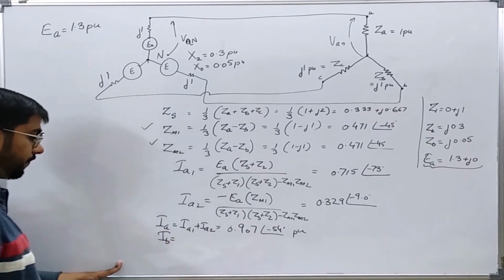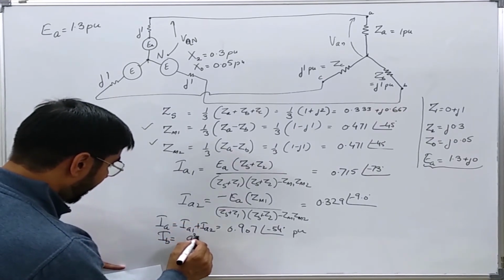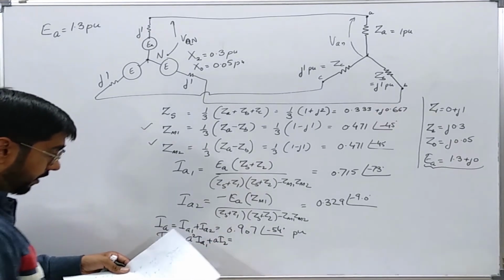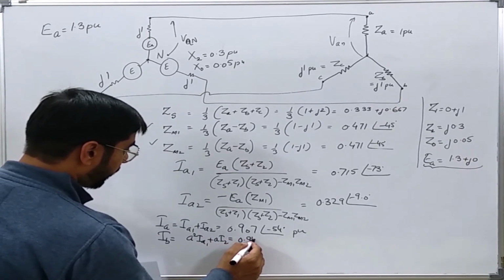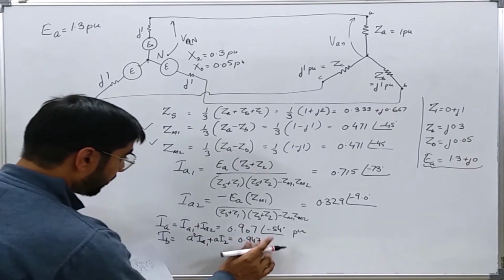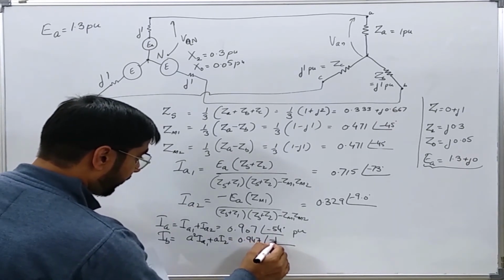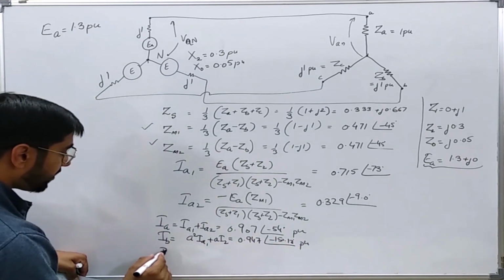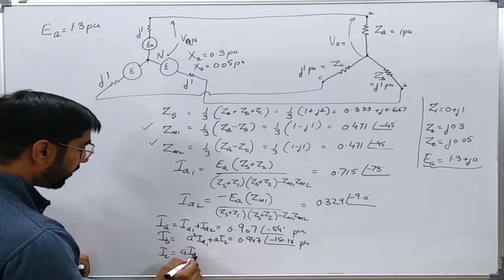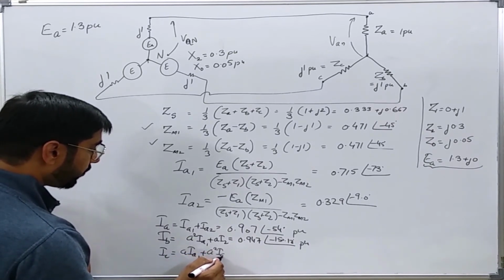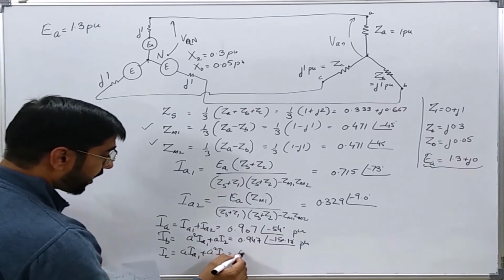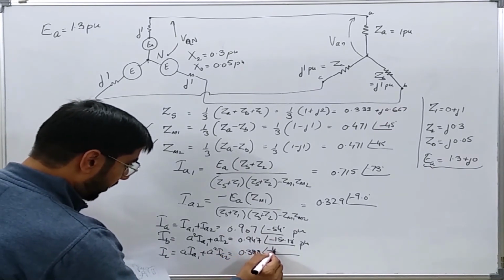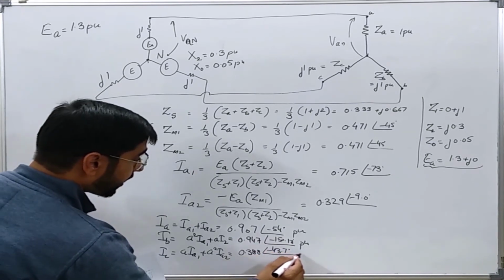IB equals a squared IA1 plus a IA2, and it is equal to 0.947 angle minus 150.13 degrees per unit. Similarly, IC equals a IA1 plus a squared IA2, and it comes out to be 0.388 angle minus 43.7 degrees per unit.